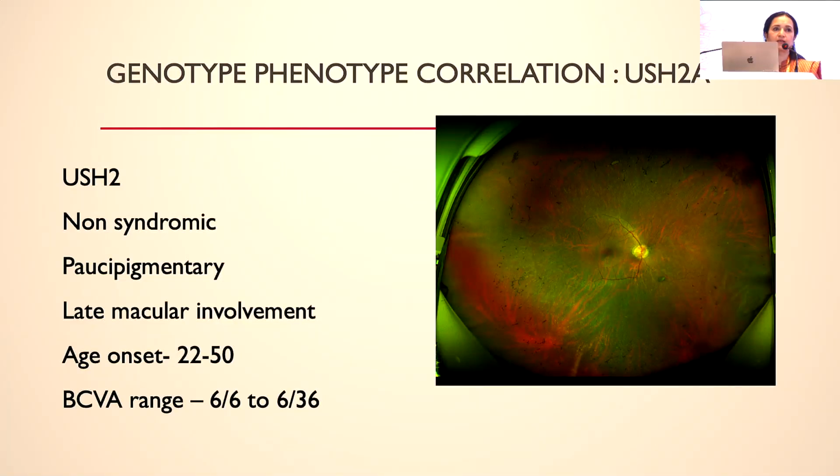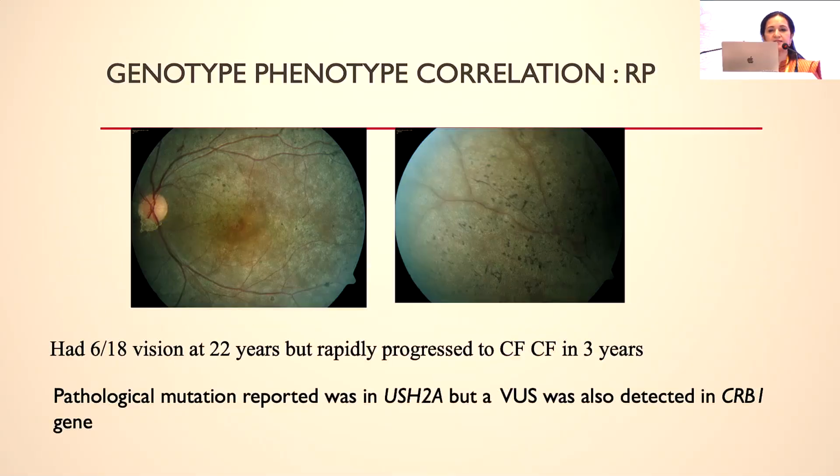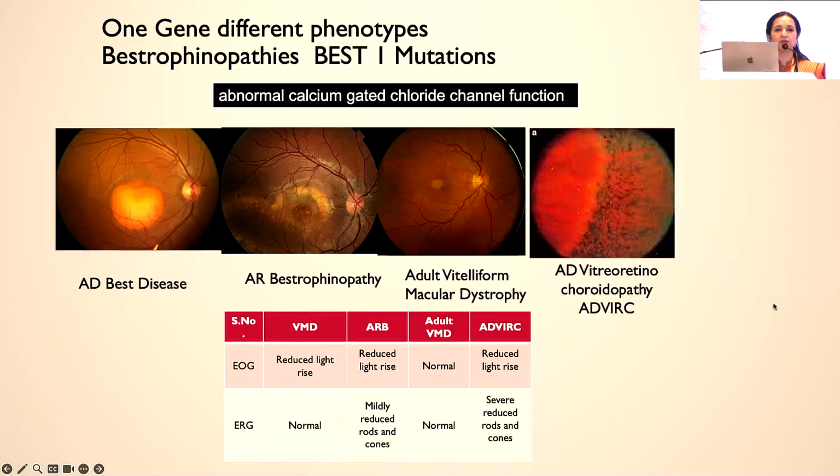We know USH2A RP does not cause rapid progression. Why was there a decrease in vision? Because there was an additional gene mutation in the CRB1 gene as well, and that causes early maculopathy. An understanding of genotype, phenotype, and complex kinds of inheritance comes as you do more and more genotyping in your cases.